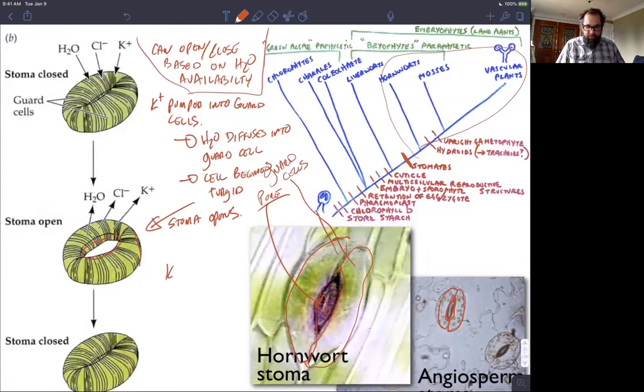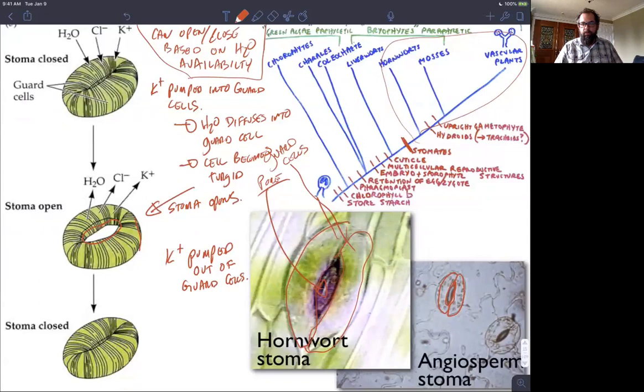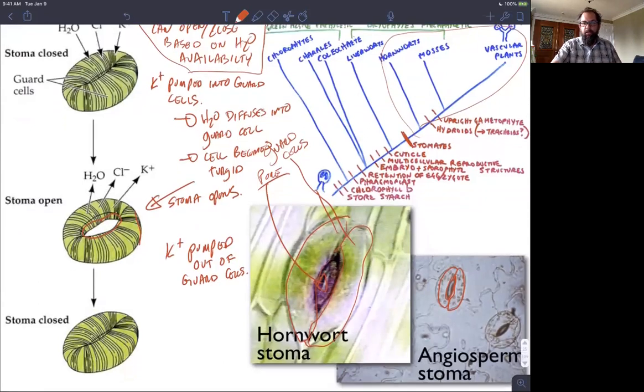And then to close this, potassium is pumped out. Oops, phone ringing. So potassium is pumped out of the guard cells. And when potassium is pumped out of the guard cells, the water then goes back out of that guard cell, and the guard cells become flaccid.